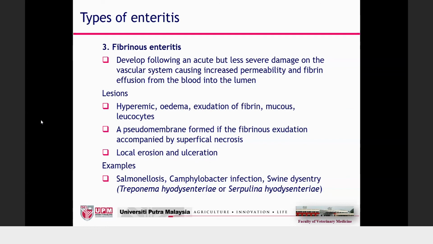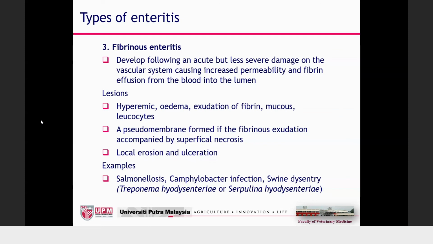But unfortunately, as I mentioned earlier, there is a very typical case of fibrinous enteritis, meaning the only presence of fibrin covering the epithelial mucosa of the intestine. But in many times there will also be necrosis of the cell, unfortunately.